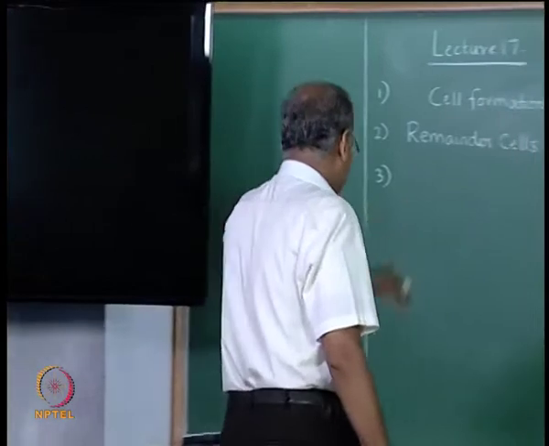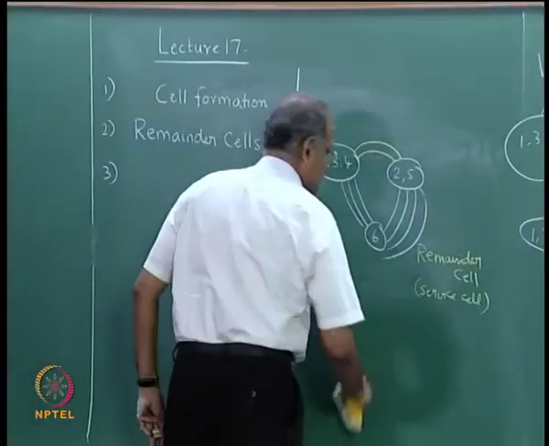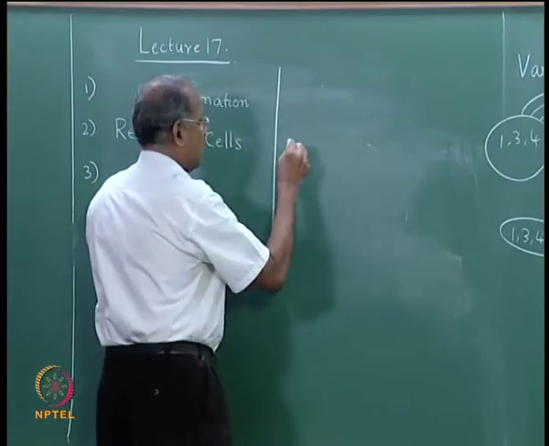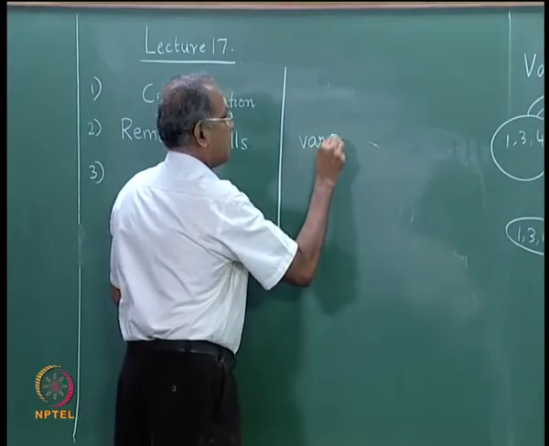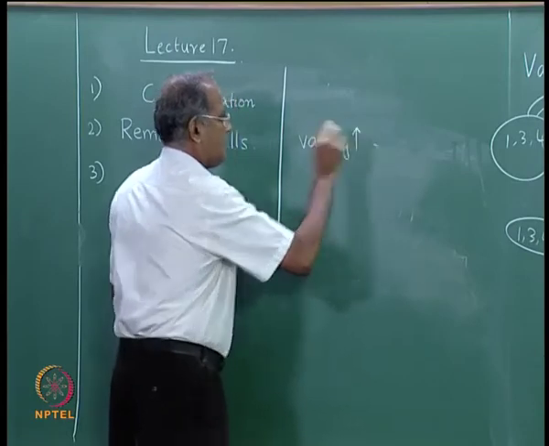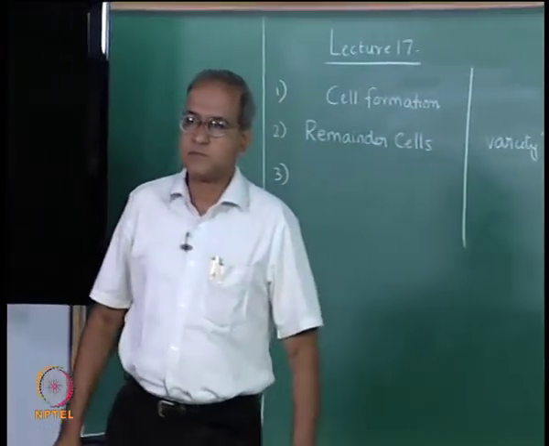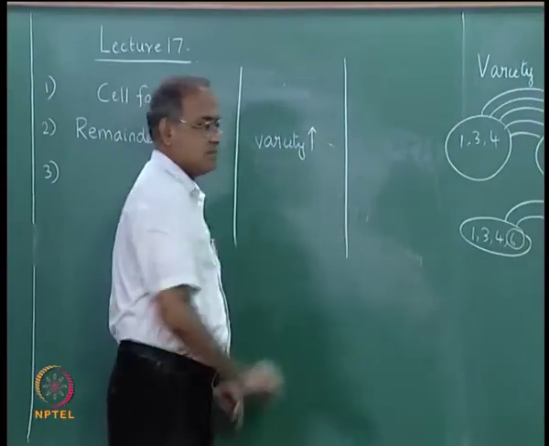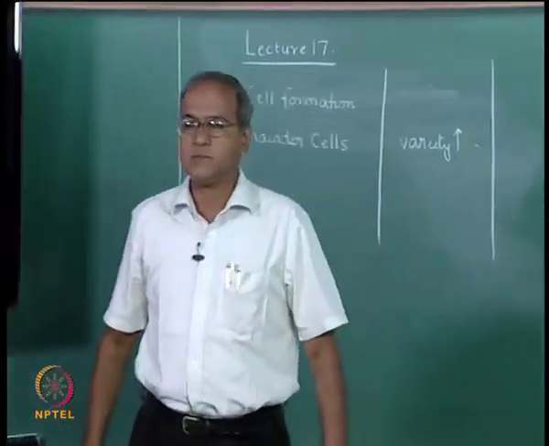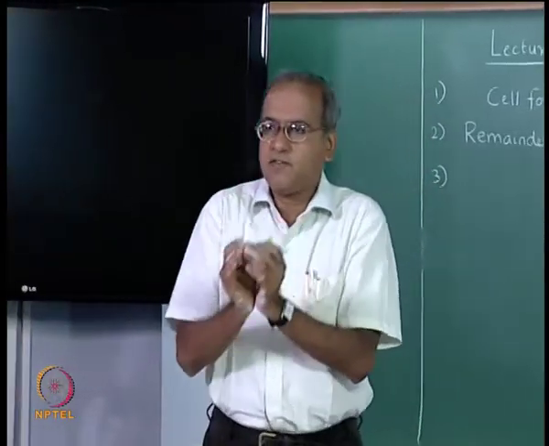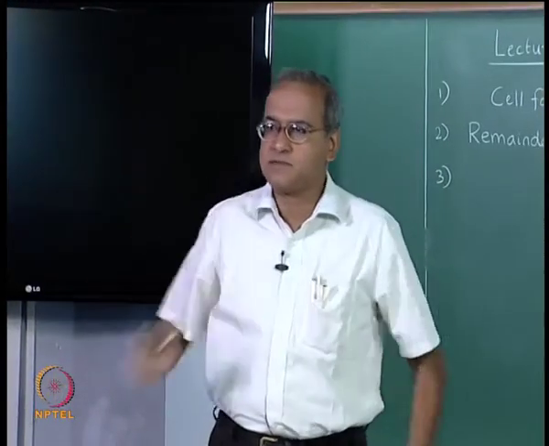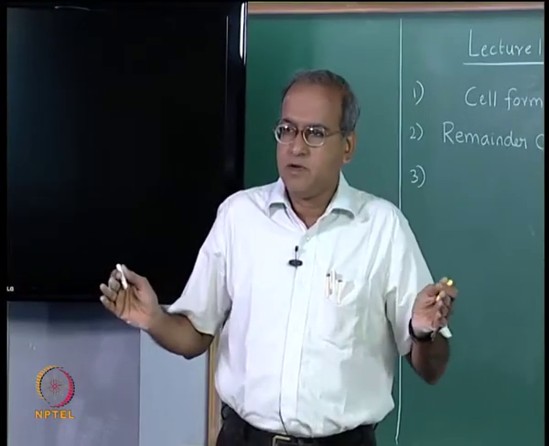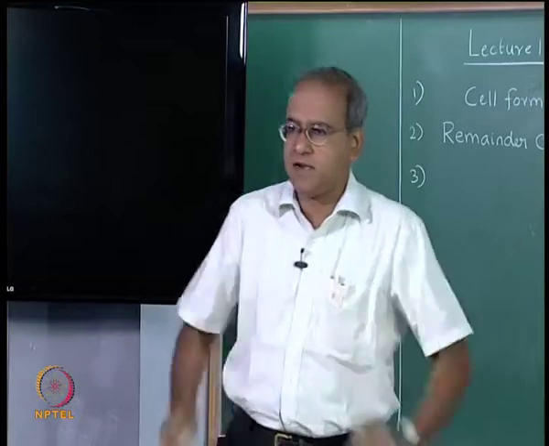Now this is one way of representing it, and this becomes significant when variety increases. The same idea is expressed in the literature by saying that a certain portion of the manufacturing system is grouped into cells and a certain portion remains as a job shop or as one large service cell.